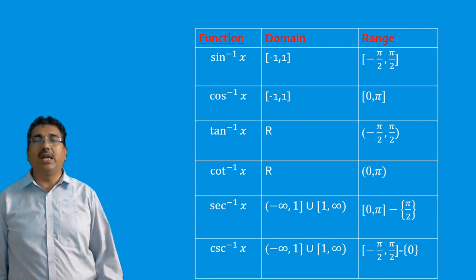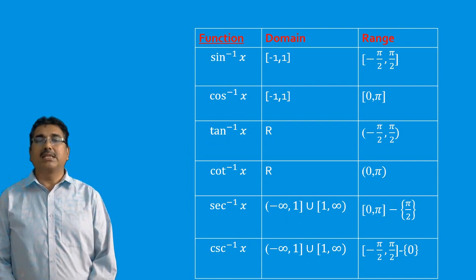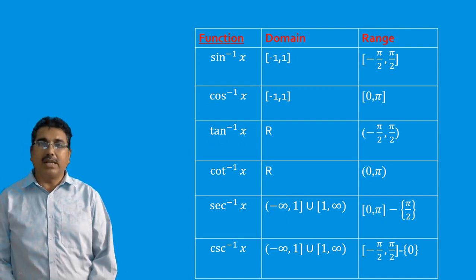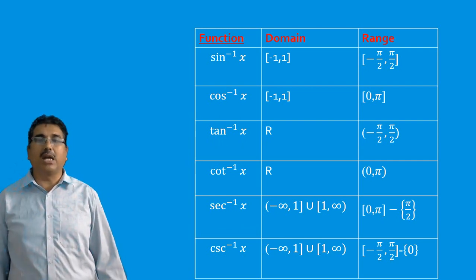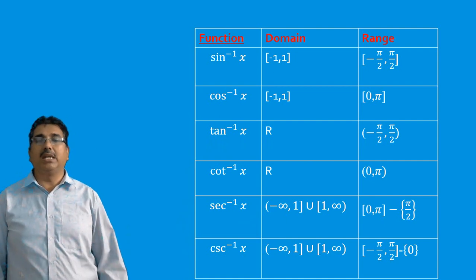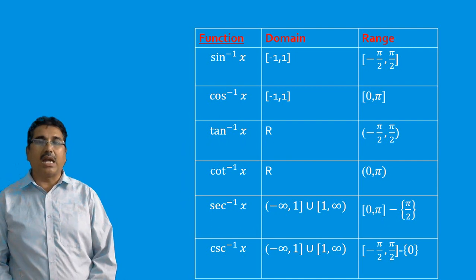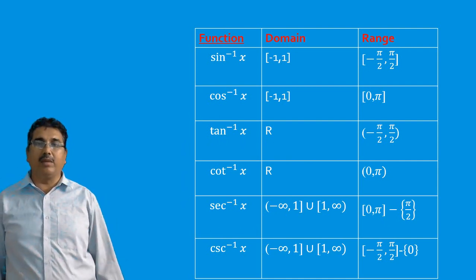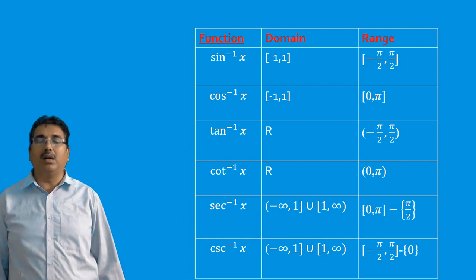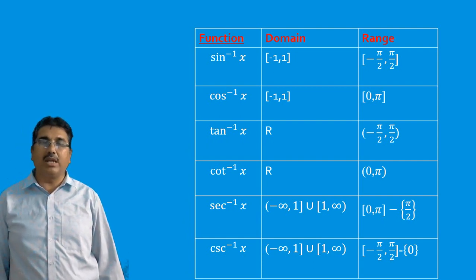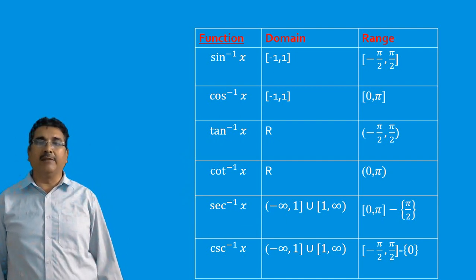The domain of sine inverse and cos inverse is the same, that is the closed interval [-1, 1]. The domain of tan inverse and cot inverse is the same, that is R. The domain of secant inverse and cosecant inverse is the same, that is (-∞, -1] ∪ [1, ∞).